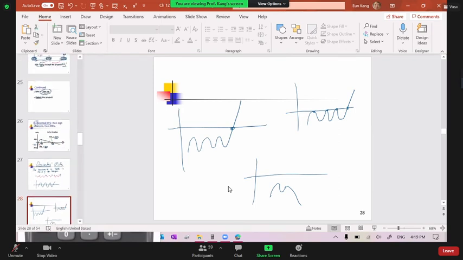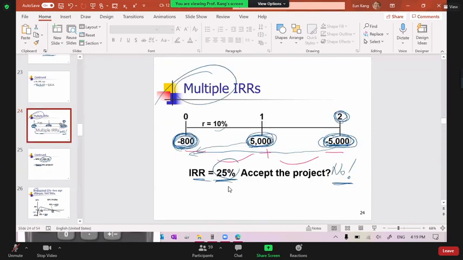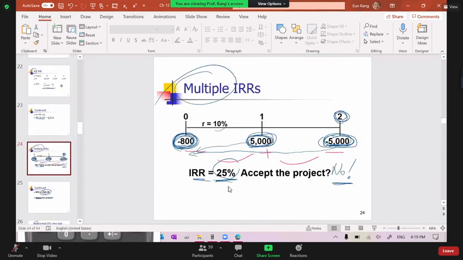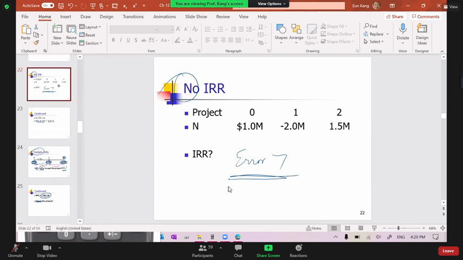And this one is sign change, plus to minus, minus to plus, right? So that could be only possibly 2, either this or this, but it doesn't touch the x-axis, so no IRR.